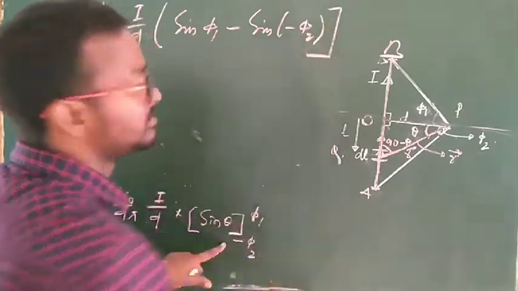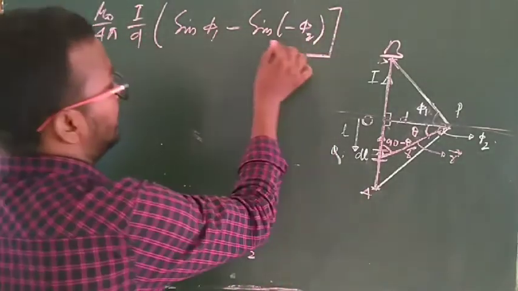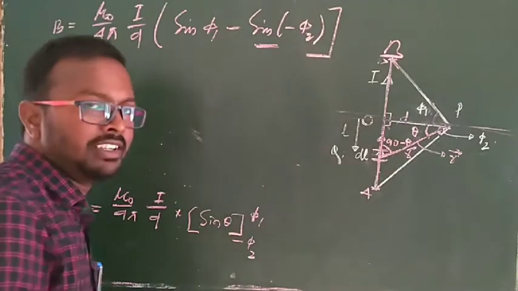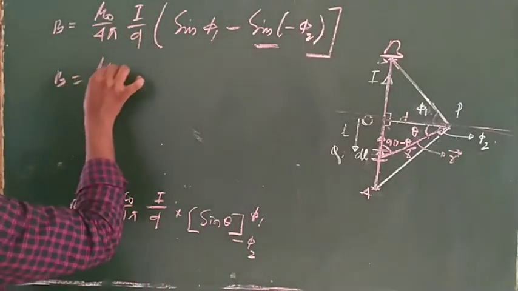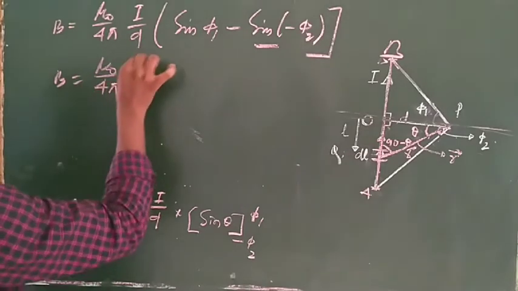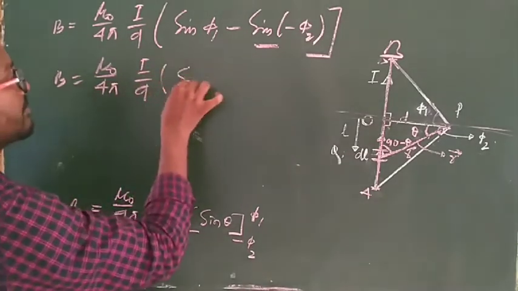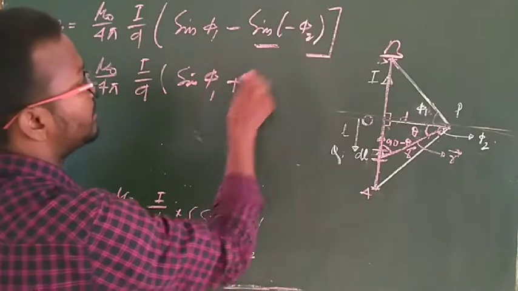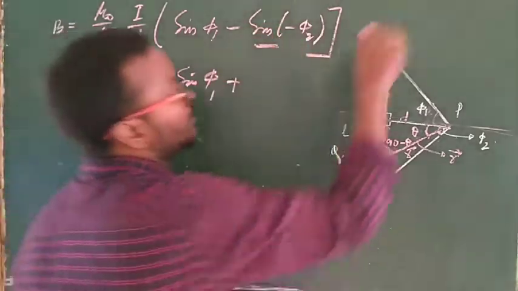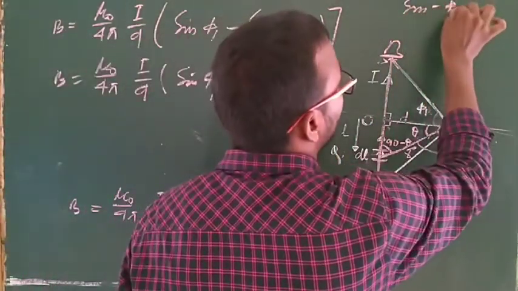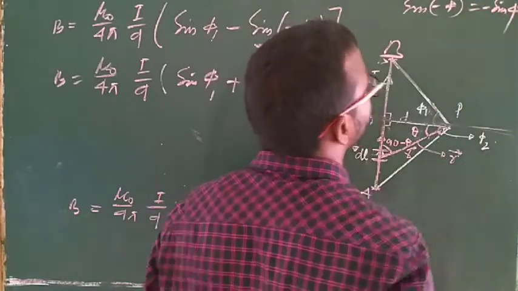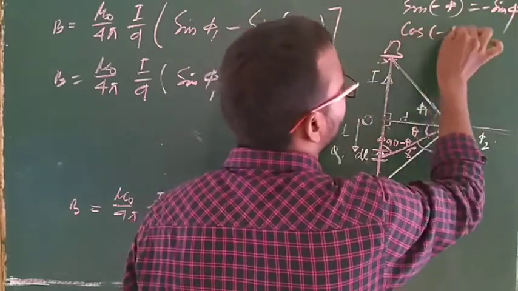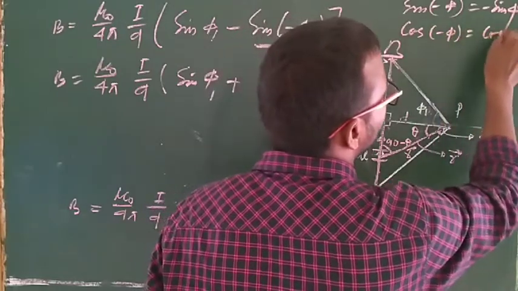Clear? But the sin function is an odd function, so we can write B equals mu naught by 4 pi, I by D, sin phi 1 plus, this is an odd function, so sin of minus phi equals minus sin phi, and cos of minus phi equals cos phi.